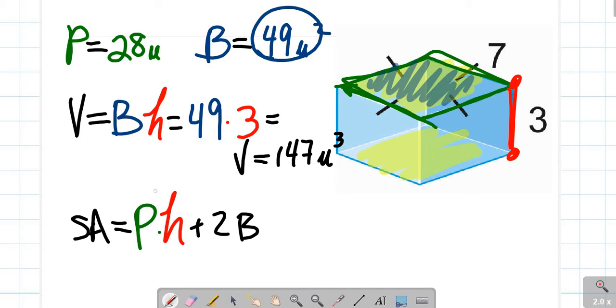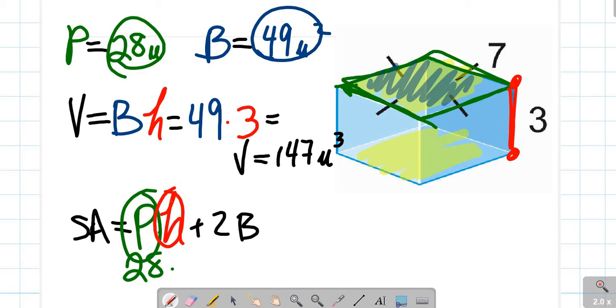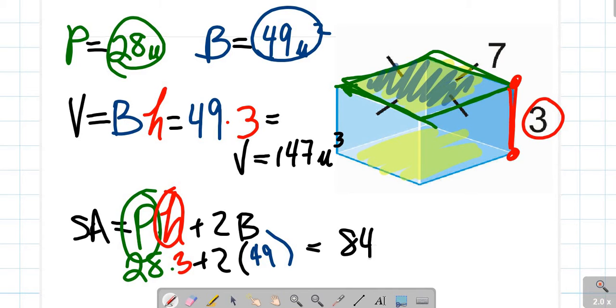Perimeter, circle, plug, chug. I circle that, I plug it in, I get 28 times 3 plus 2 times 49. So 28 times 3 is 84, plus 2 times 49 is 98.